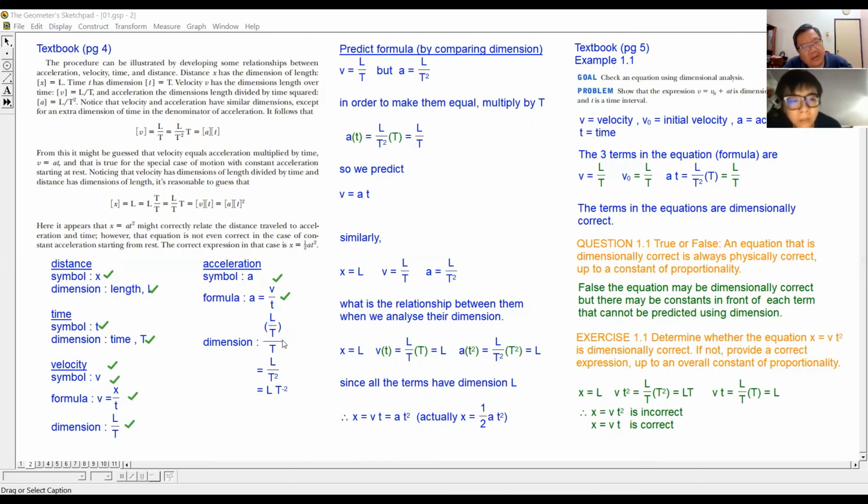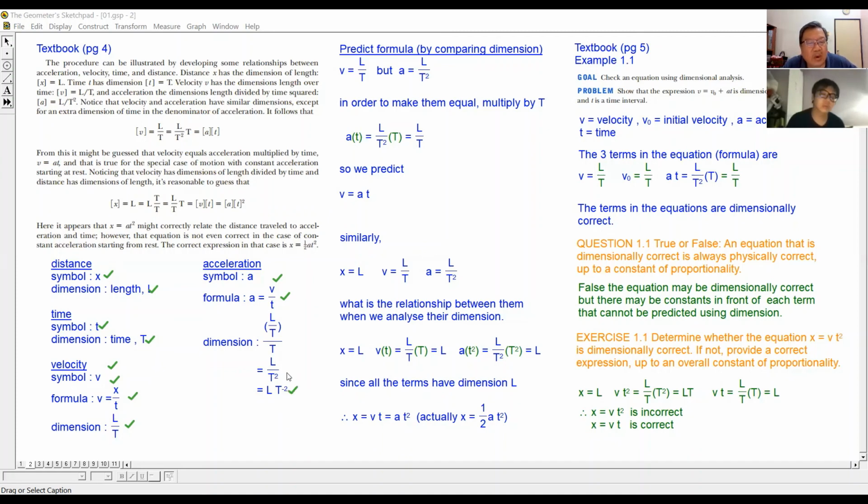When we simplify further, the L is at the top, and the two T's are at the bottom. So it becomes L over T squared. Sometimes, if you want to write in index form, it will be L T to the power of negative 2.